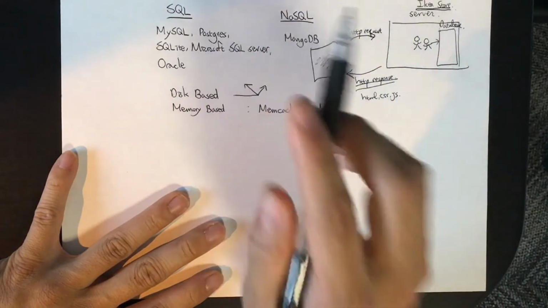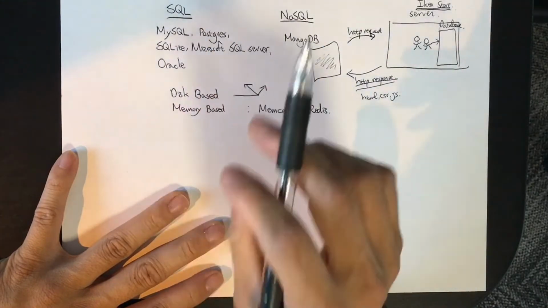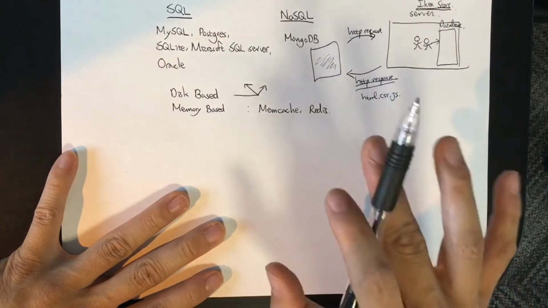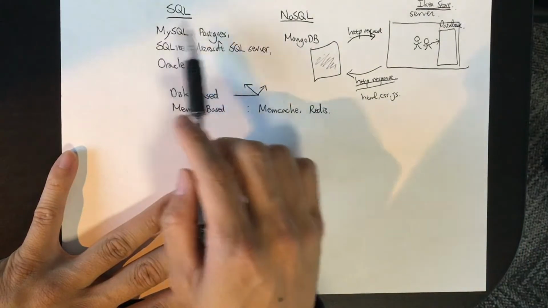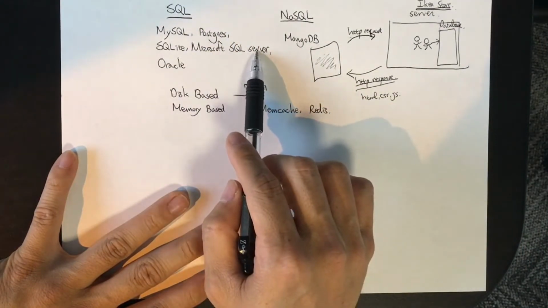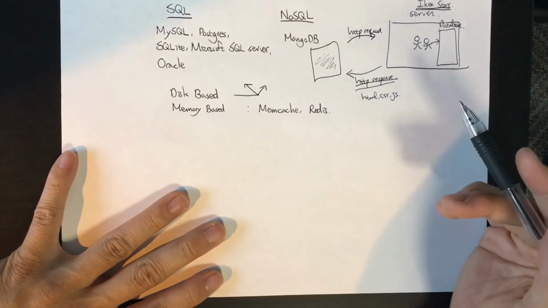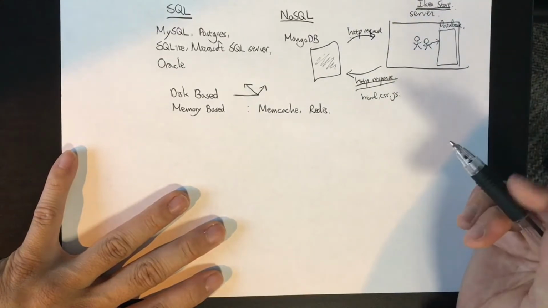In a nutshell, SQLite is very good for very small applications. It's mainly used for testing purposes. MySQL, Postgres, and SQL Server are all very powerful. They can probably hold up to, I would say, 100 to a few hundred gigabytes of information, maybe even a few terabytes.